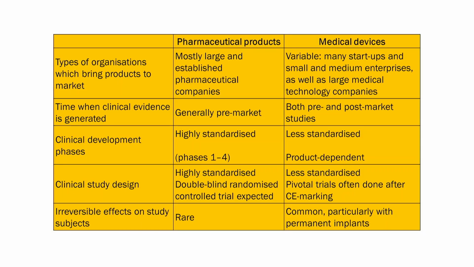There are so many, Dr. Reddy's Labs and things like that, right? For medical devices, it could be highly variable. Many startups and small and medium enterprises, as well as large medical technology companies, may be involved. Even research institutes may be involved, right?